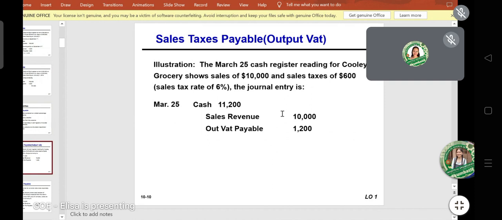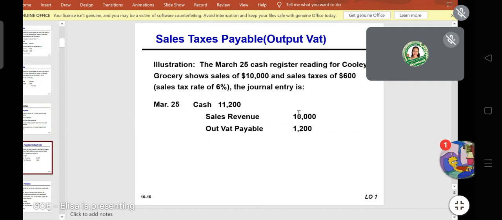So of the 11,200 that we paid, 10,000 will be recognized as sales revenue by the seller.